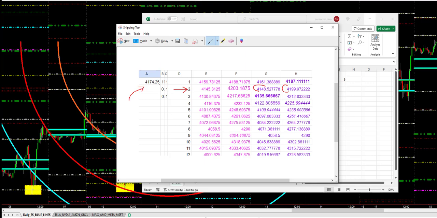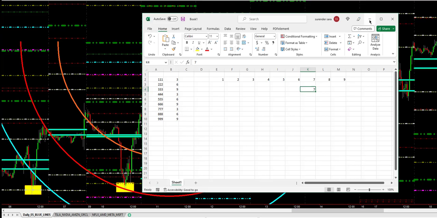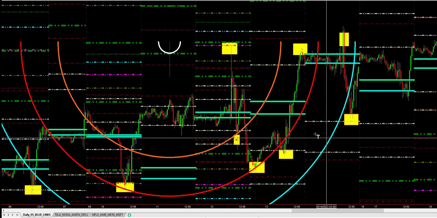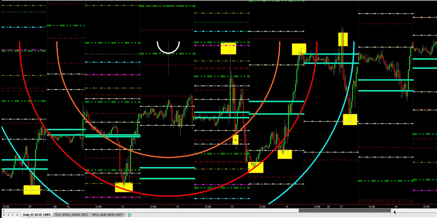ES opened on Sunday evening at 41.74 and the frequency of 2 was detected, and we anticipated the market will make these two lows or highs, 41.48 and 41.99, using the frequency of 1 to 9 and the subtraction and offsetting model.